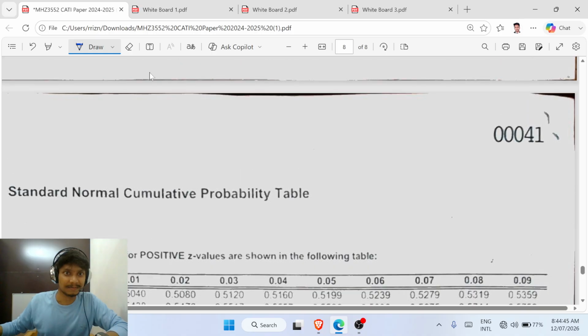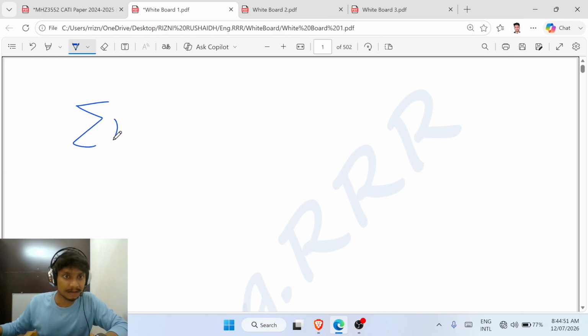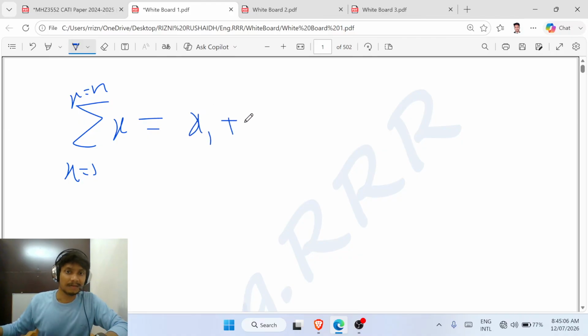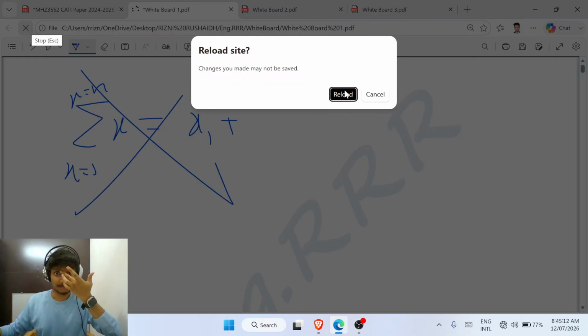Sigma x is equal to, for example, x from 1 to n. What is the meaning of this? That is x1 plus... we can discuss it in the question, okay?